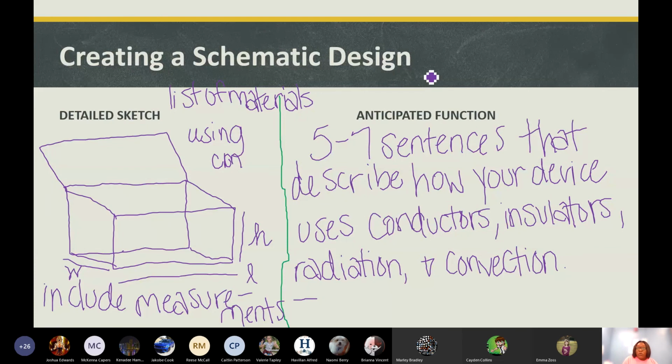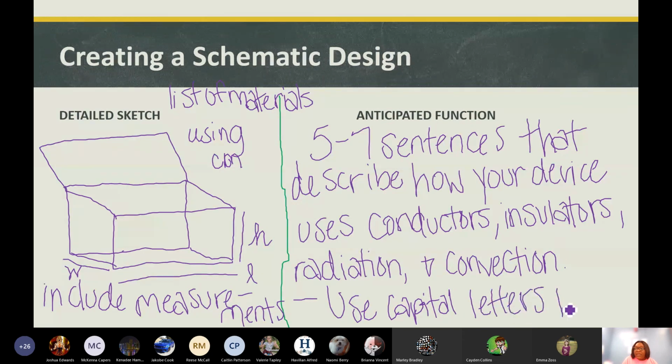So you want to make sure Miss Neville is not reading TikTok handwriting. Miss Neville is not reading handwriting that's used for social media. I am your teacher, not your social media buddy. So you want to make sure that you're using capital letters and punctuation.